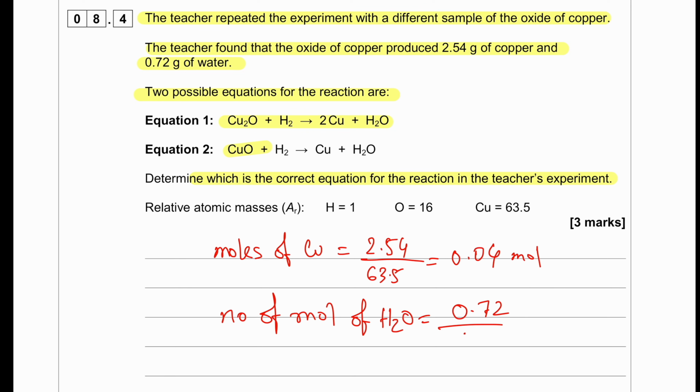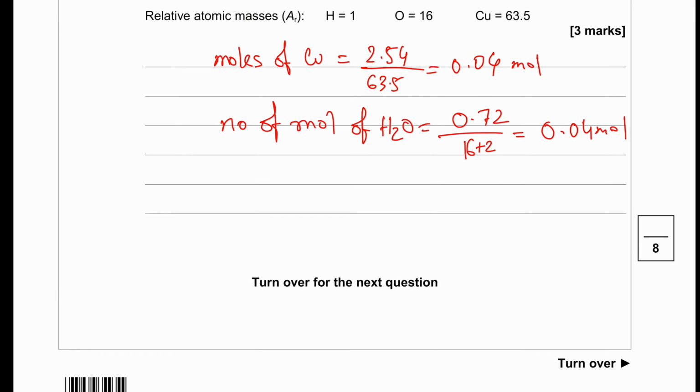Water is H2O, so it's 16 plus 2, which gives us a value of 0.04. So guys, we can see that both of them are in 1:1 ratio, which means equation 2 should be correct because it is also in 1:1 ratio.